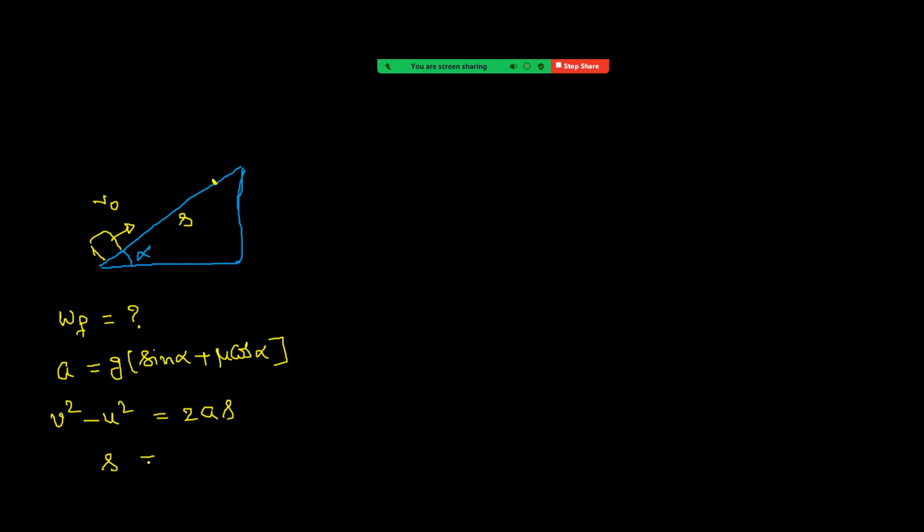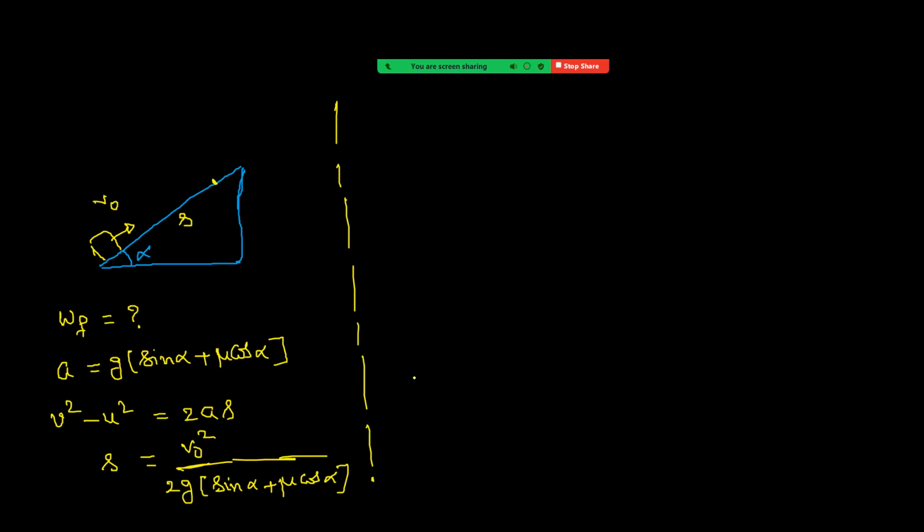So s equals v naught square by 2a, and the a value is g into sine alpha plus mu cos alpha.